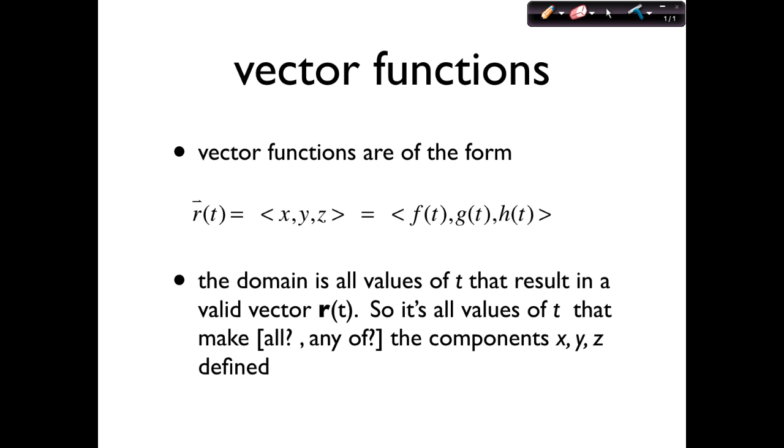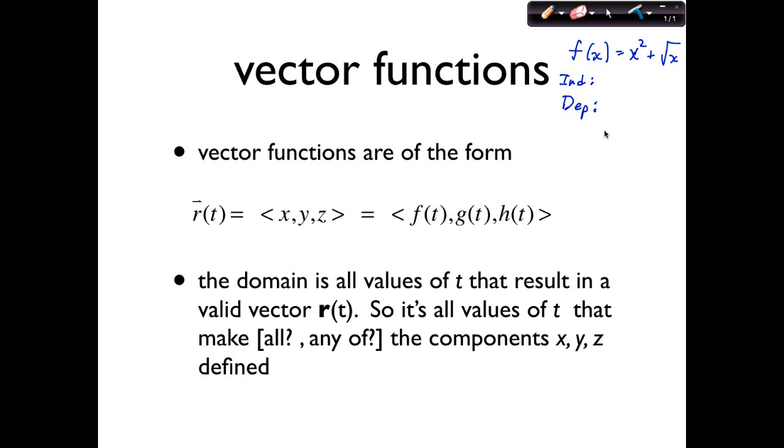So, vector functions. Before we talk about vector functions, what are the kind of functions that we've been dealing with? Here's an example of a function. When you talk about functions, it's really about what's the independent variable and what's the dependent variable.